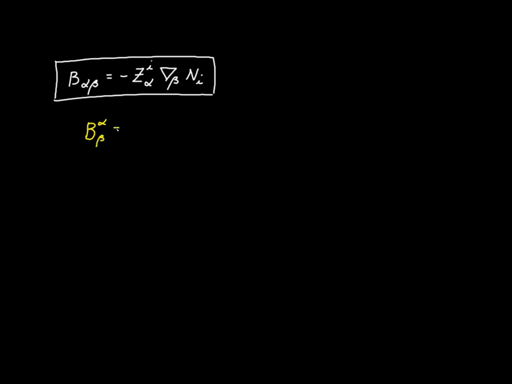And then on the right side, I'm going to raise the alpha index and flip-flop these indexes. So it's negative, it's going to be Z alpha I this time, times our operator, and then the index here will go into the upper position. So again, I've raised alpha, and I've done a flip-flop of the I index here.